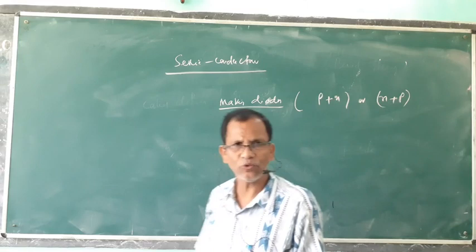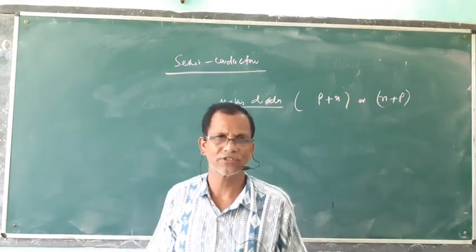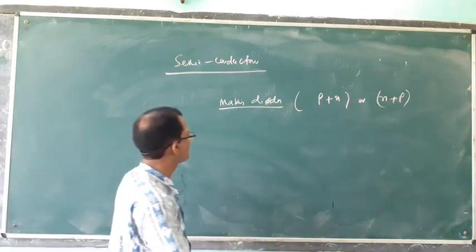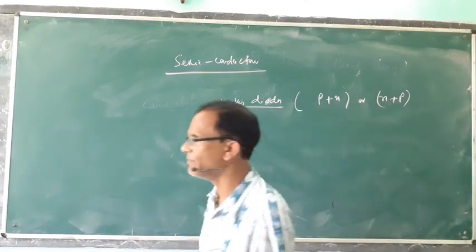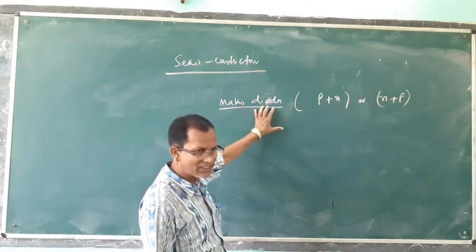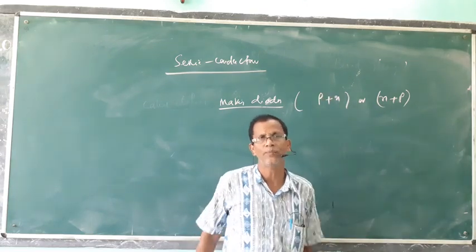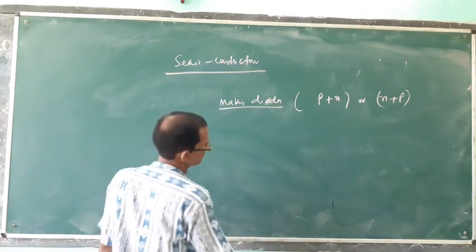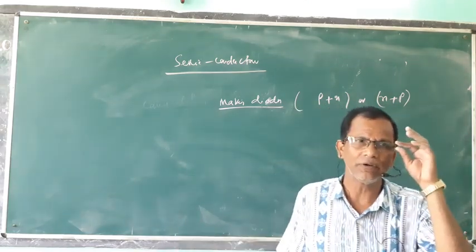When p is joined with n or n with p, then it behaves as a diode. We use diodes in electronics, in preparing different types of electronic devices. So diodes can be formed by using p-type and n-type semiconductors. You have to sandwich p with n or n with p, forming diodes. Diodes are used as a rectifier.